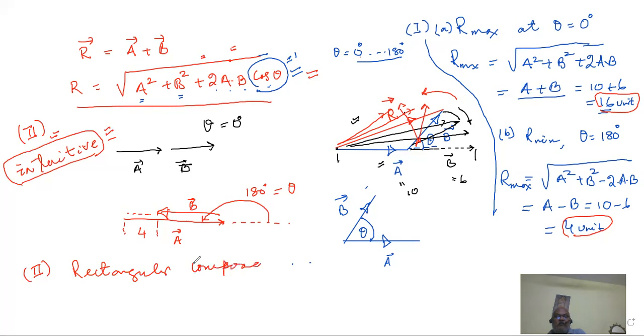That's a very powerful way, component method. Okay, why the need of this method, you may ask. Already I know the resultant formula and all that. No, we have done one mistake here. It's not a mistake, it's something that is overlooked.